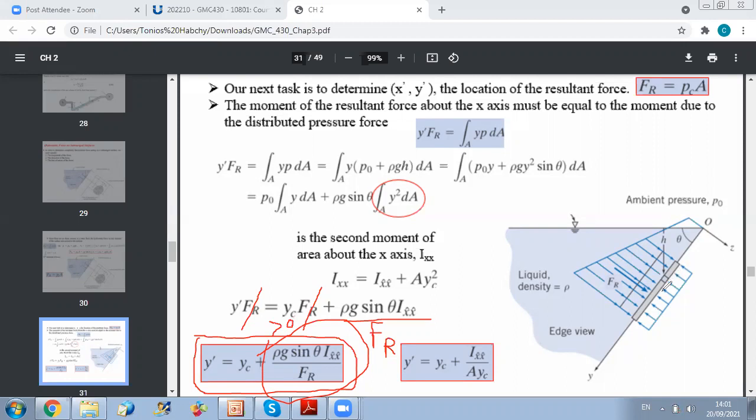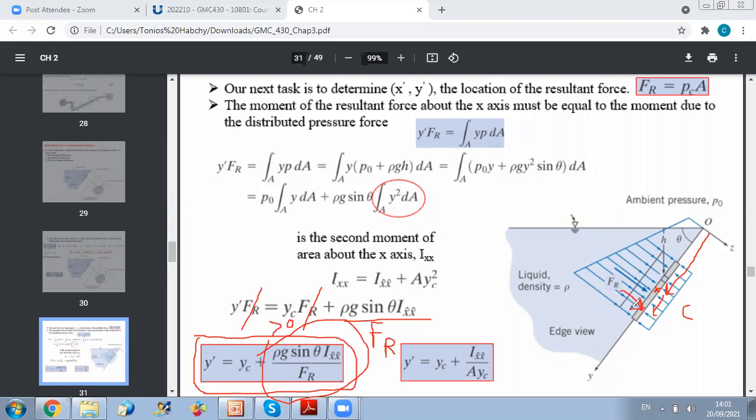Let's say this is C, the location of C. To find Y prime, I should take YC plus a certain positive term, so my point of application will always be below center C. And this is physically logical, because as I move downward, the pressure is increasing. So it's logical to have the point of application of the resulting force below the centroid of the area.